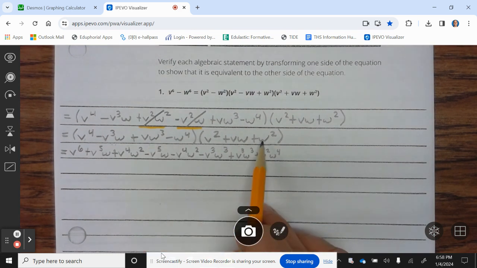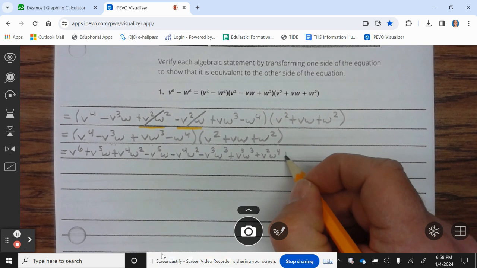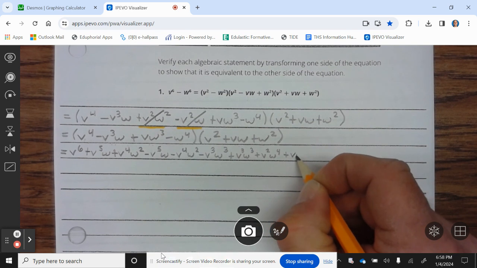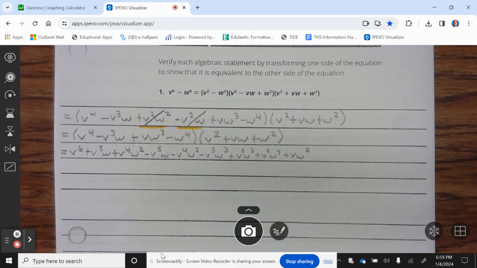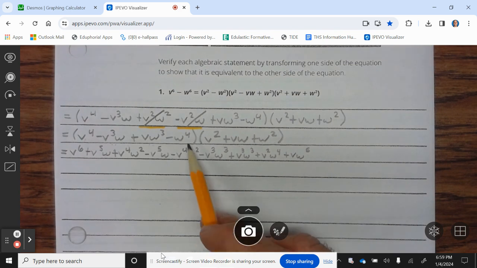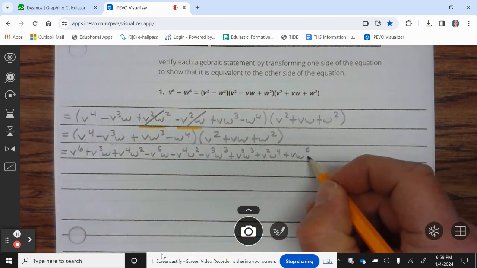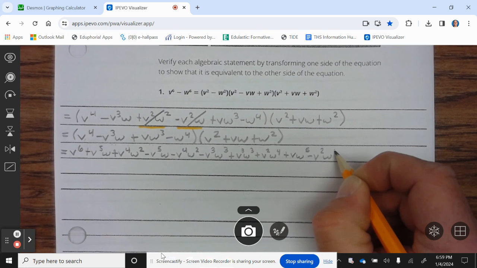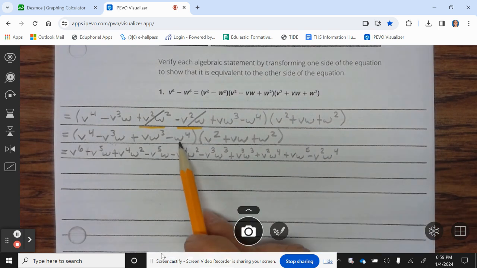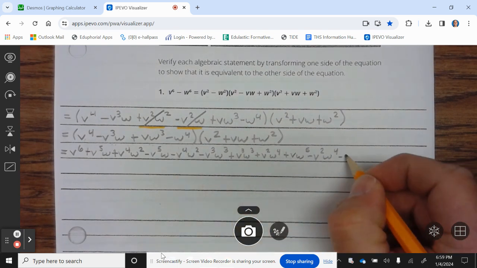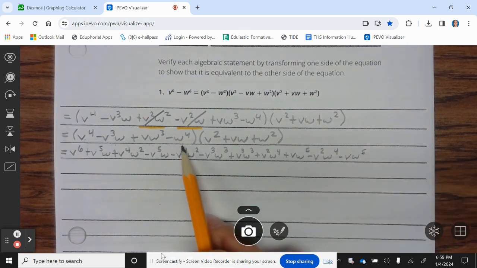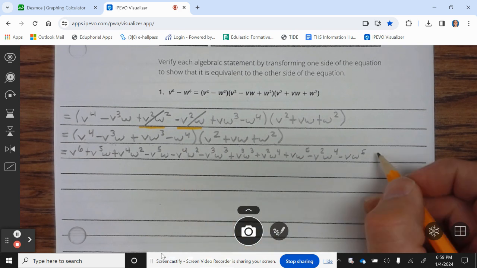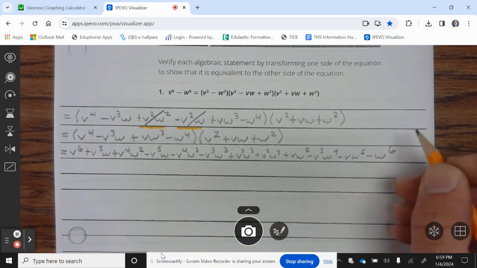And then vw cubed times w squared is plus v w to the 5th. Negative w to the 4th times v squared is minus v squared w to the 4th. Negative w to the 4th times vw is minus v w to the 5th. And then negative w to the 4th times w squared is minus w to the 6th.